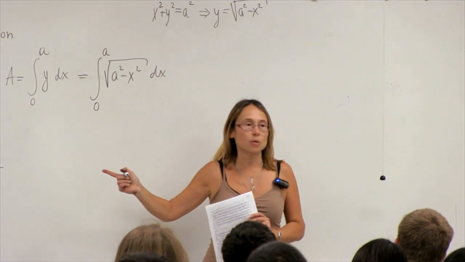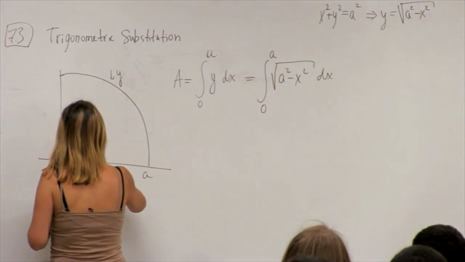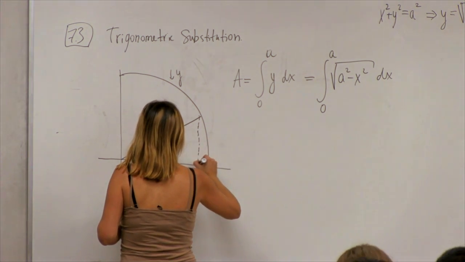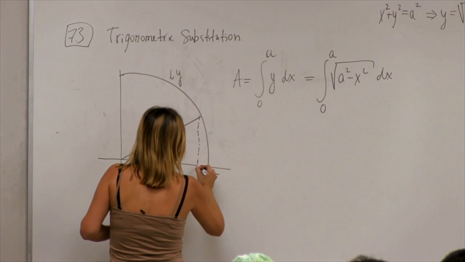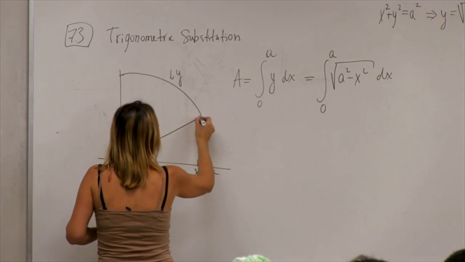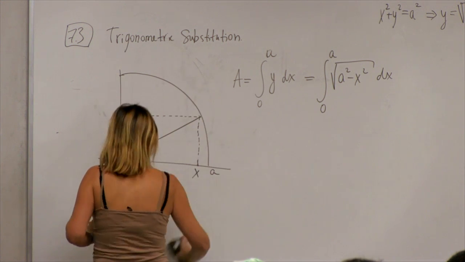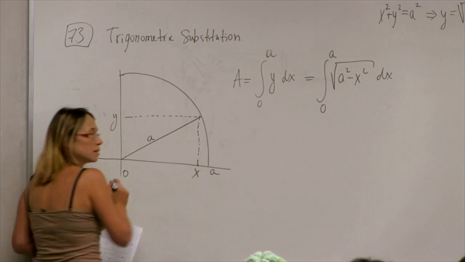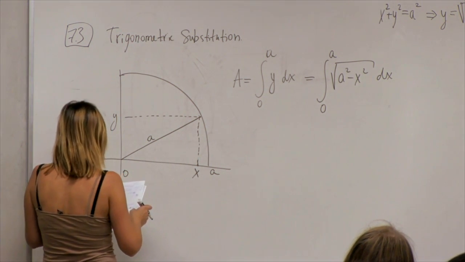But luckily here, we have the geometry working for us. So let's consider a certain level x, okay? And this is y as a function of x. Okay, and this is a, the long side of this right triangle.